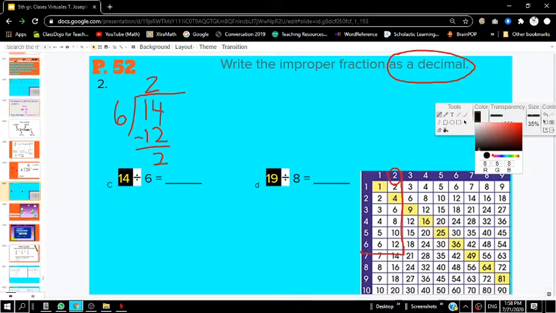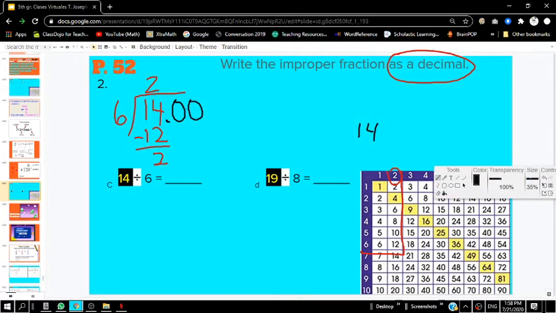So what I'm going to do is put a decimal point to the right of our 14, our whole number, and put a couple of zeros afterwards. In other words, 14 is the same as 14.0 or 14.00. It's the same exact number.